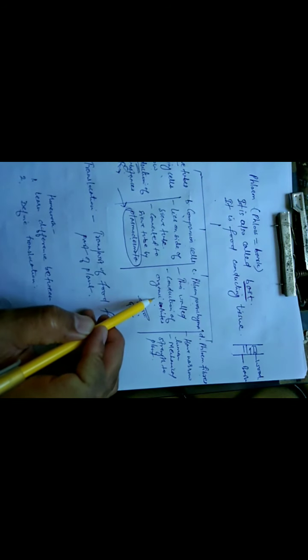C is phloem parenchyma. It is thin walled, means its walls are thin, and it helps in conduction of organic solutes. Whatever material it absorbs, it helps in transport of organic solutes.